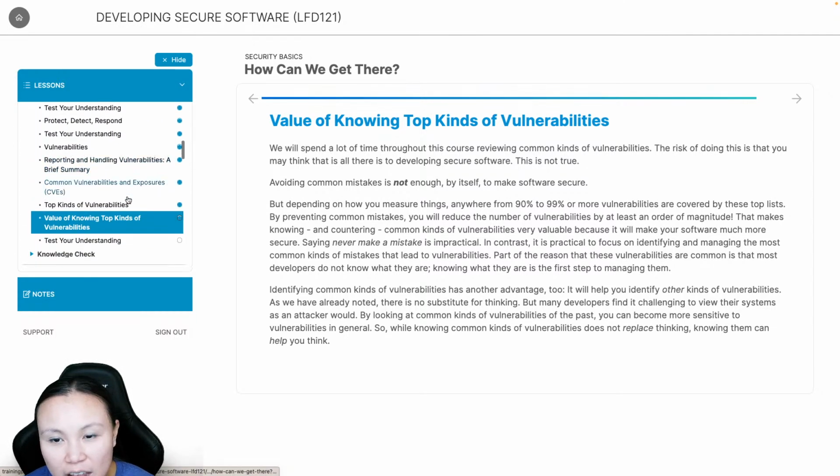By preventing these common mistakes, you will reduce the number of vulnerabilities by at least an order of magnitude. Nothing is perfect. You just have to keep running on the treadmill, but this helps you run faster than many people.